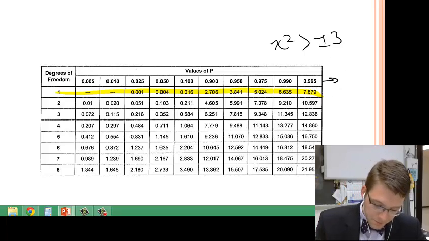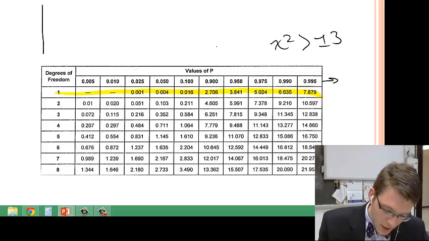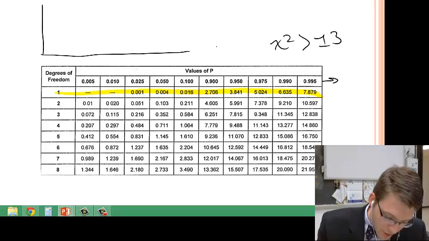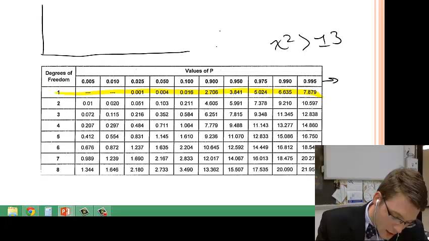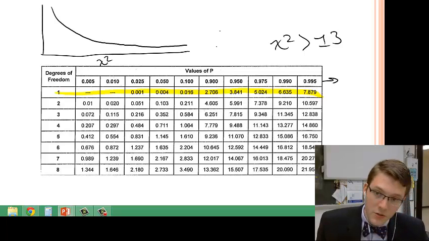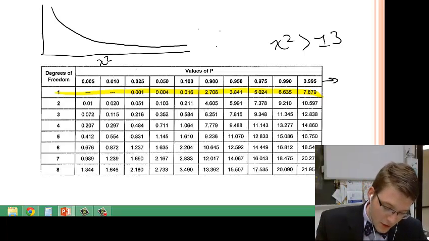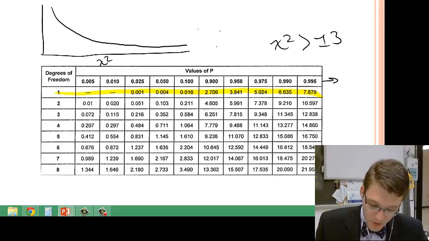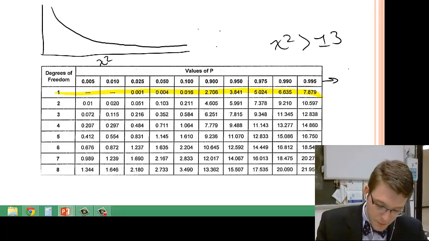So what does that mean? If you consider a chi-square distribution with a single degree of freedom, it'll have a shape similar to an exponential decay function, okay, with chi-squared values on the x-axis and the y-axis essentially being the counts of this function.